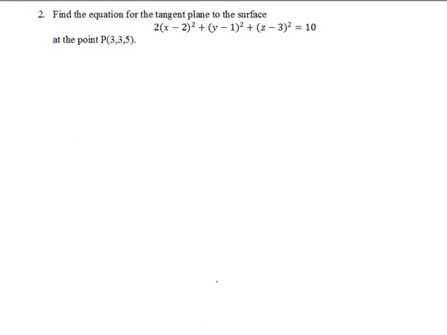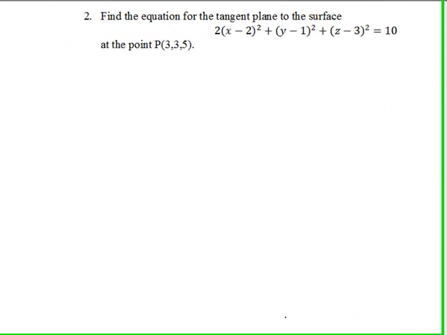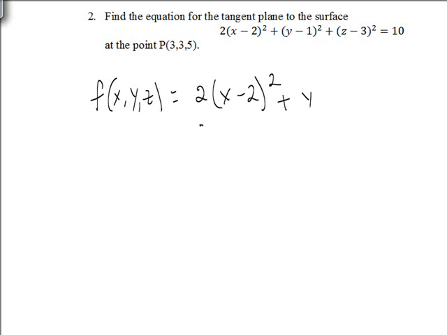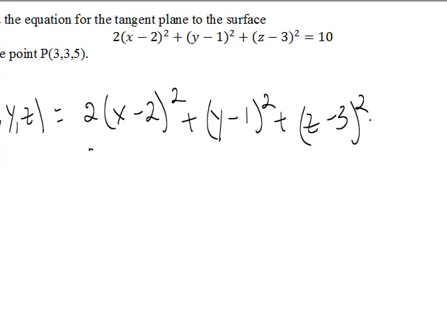Let's do this one. Find the equation for the tangent plane to this surface at the point P (3, 3, 5). Okay, so again, let's write the function f of x, y, z. So that's 2 times (x minus 2) squared plus (y minus 1) squared plus (z minus 3) squared minus 10.